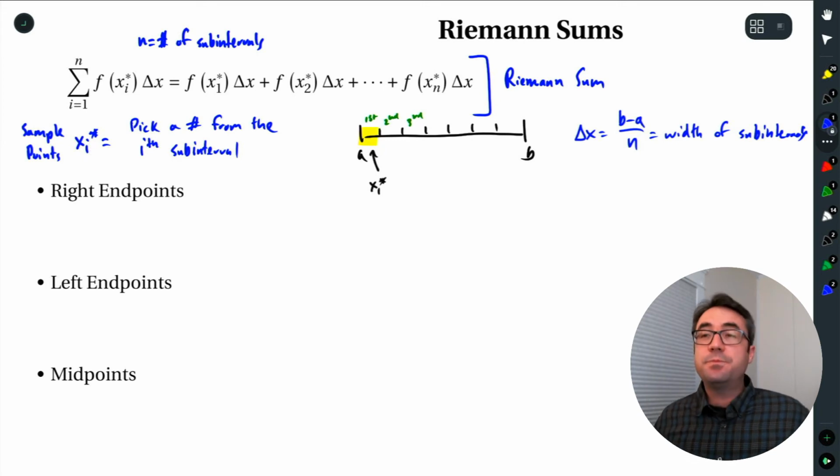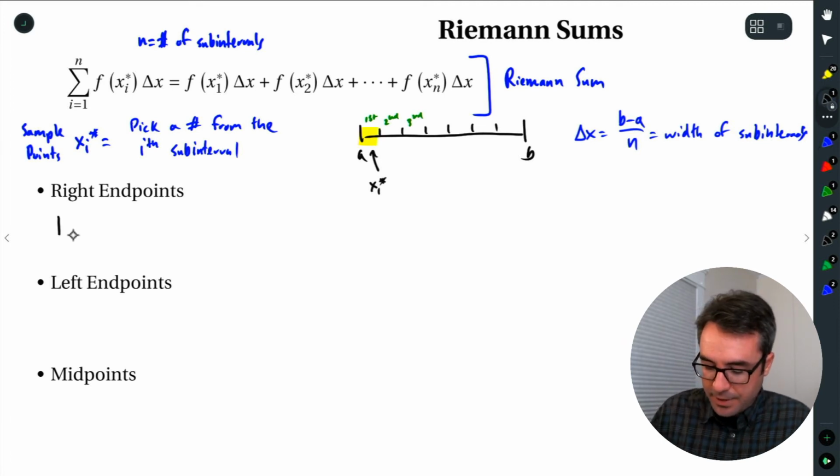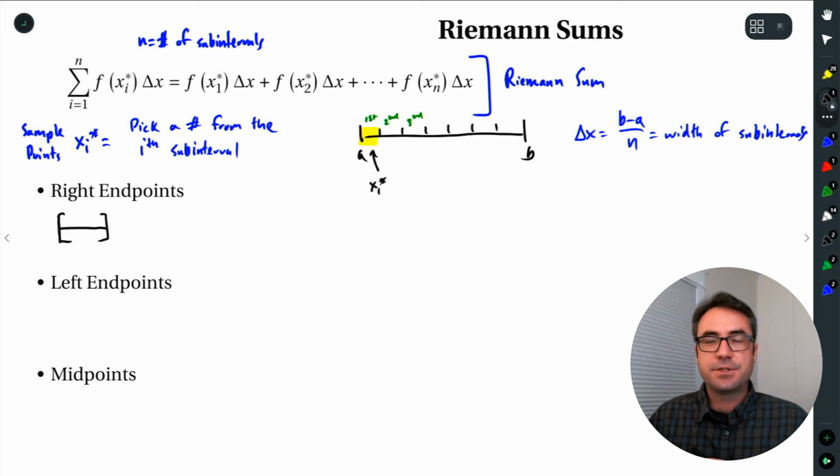So we could just go through and pick whatever we want, but normally we like to be a little bit systematic about it. So normally we use either right endpoints, left endpoints, or midpoints. So here's our subinterval.